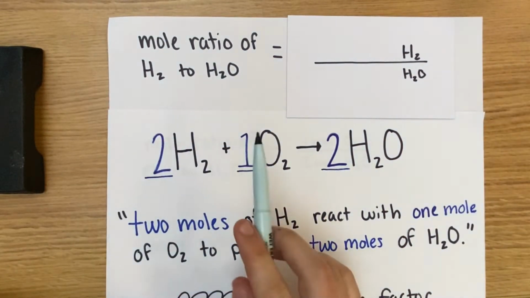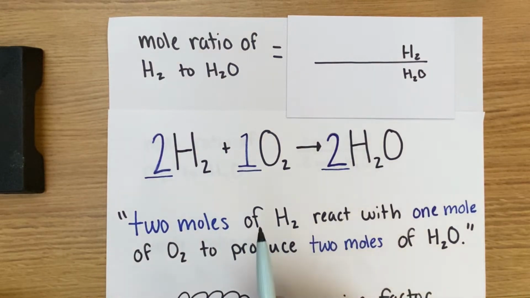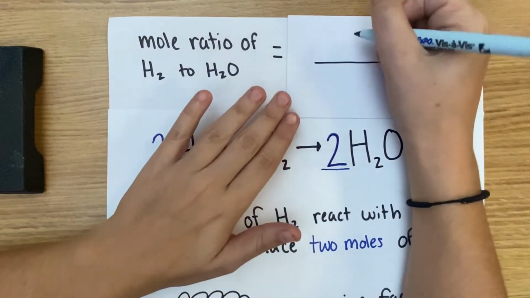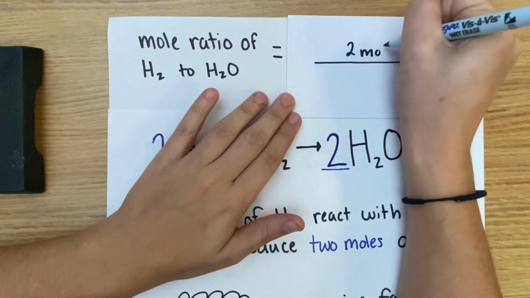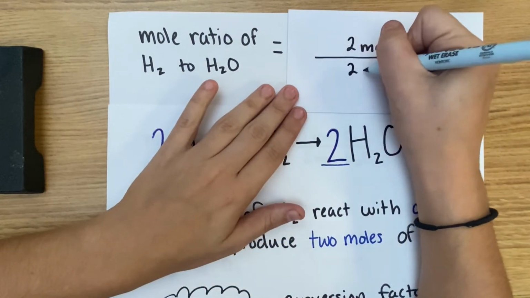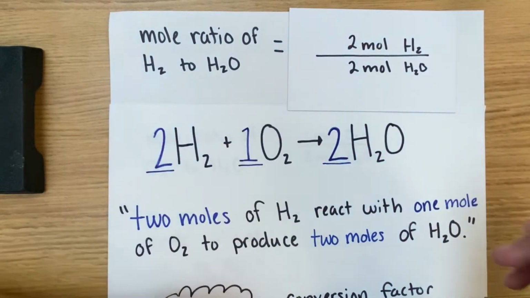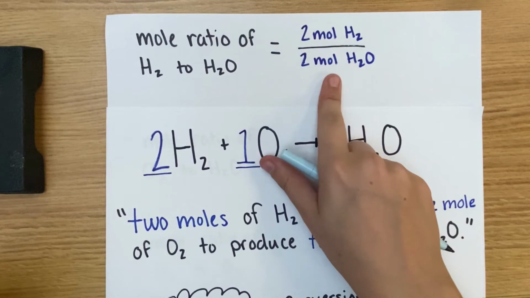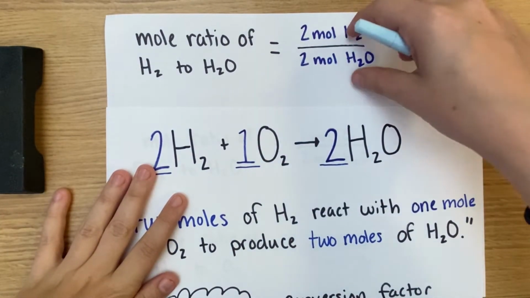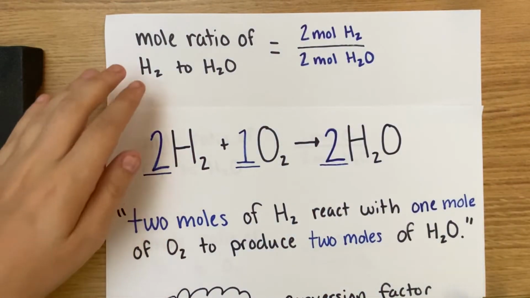So these coefficients are telling us the number of moles. So we know in this balanced reaction, we have 2 moles of H2 and 2 moles of H2O. So that is the conversion factor that you can use in a calculation, and they can switch so that the other one's on top if that's what you need.